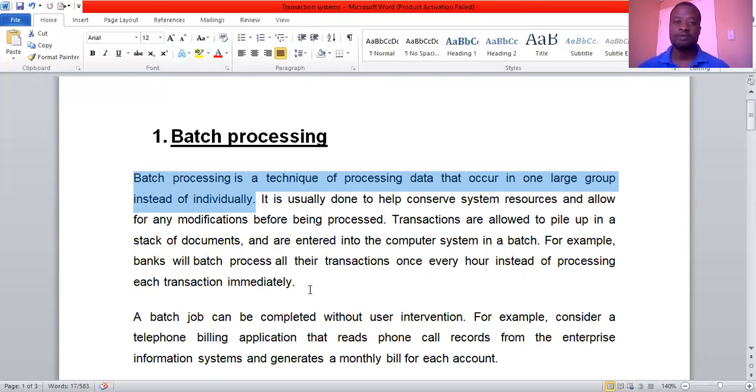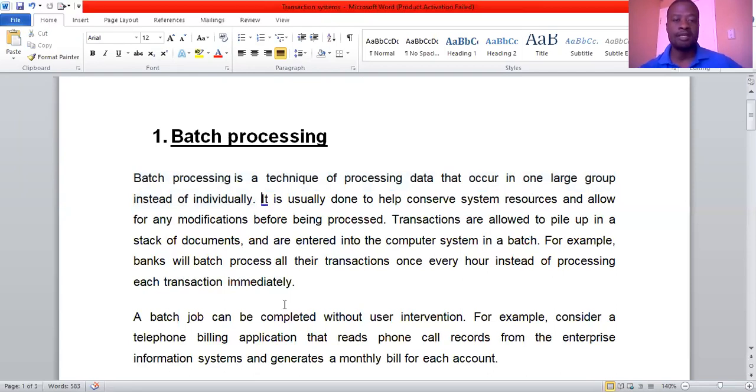This is why we say it's a technique of processing data that occur in one large group instead of individually. This data is processed at once, but not individually. Okay. So it is a batch processing system.